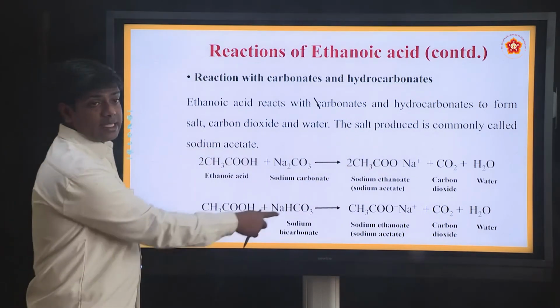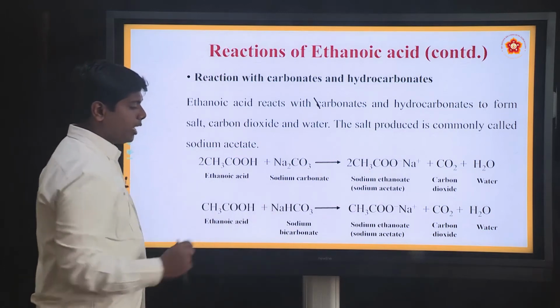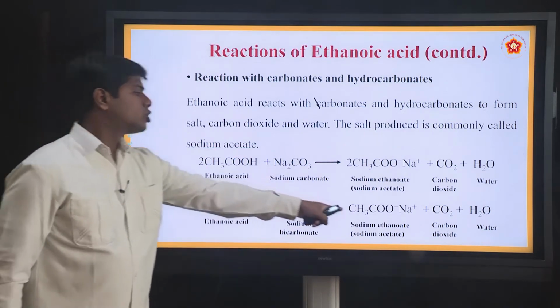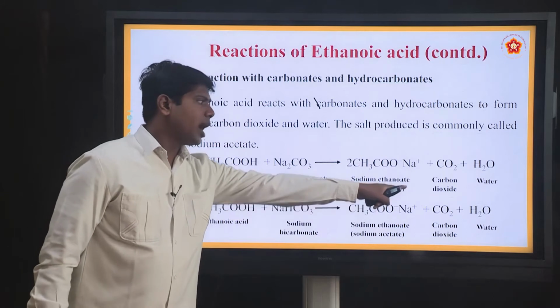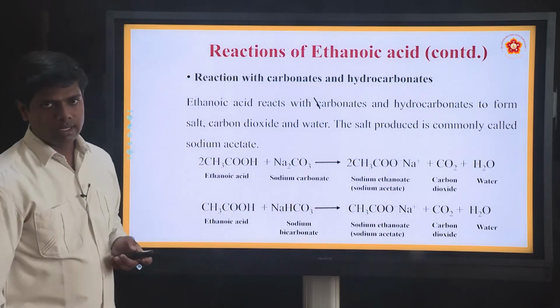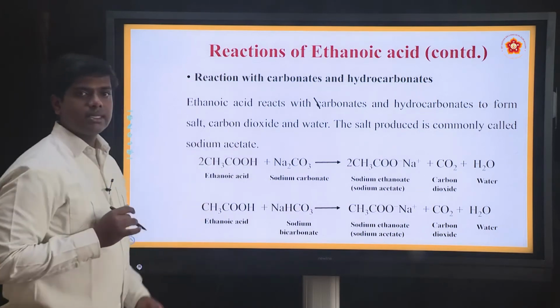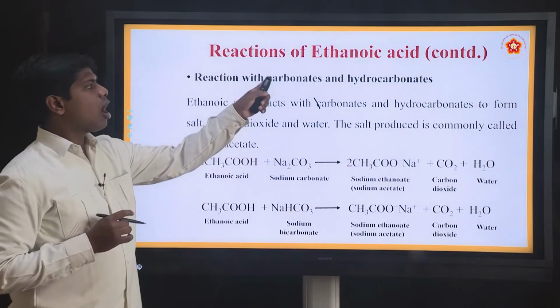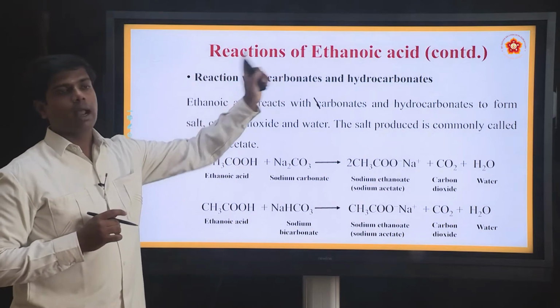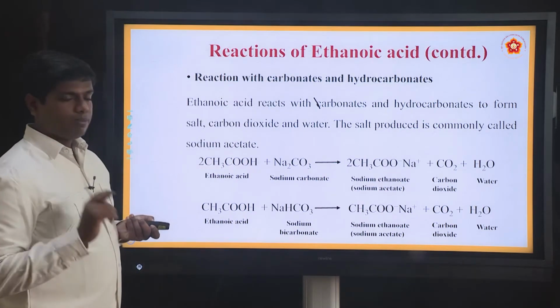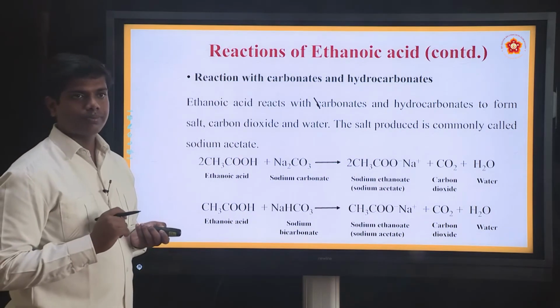Similarly, ethanoic acid reacts with sodium bicarbonate. It forms sodium ethanoate, CO2 and water molecules. You have to remember the reactions of carbonates and hydrocarbonates. Please note down the reaction.